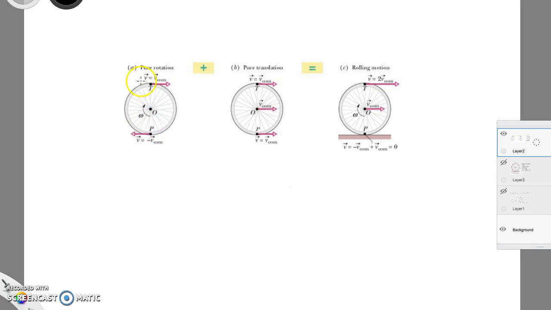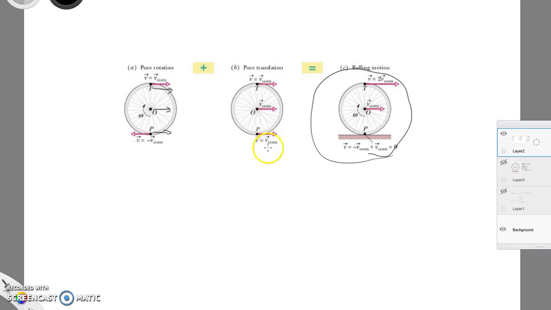If you apply to this rotating object translation, so basically give a velocity vector at each of these points, then all of these are going to add, and so this and this are going to add to be 0. This is going to add to be that, and these two together will add to be this, okay? And this is what happens when we have rolling motion, okay?